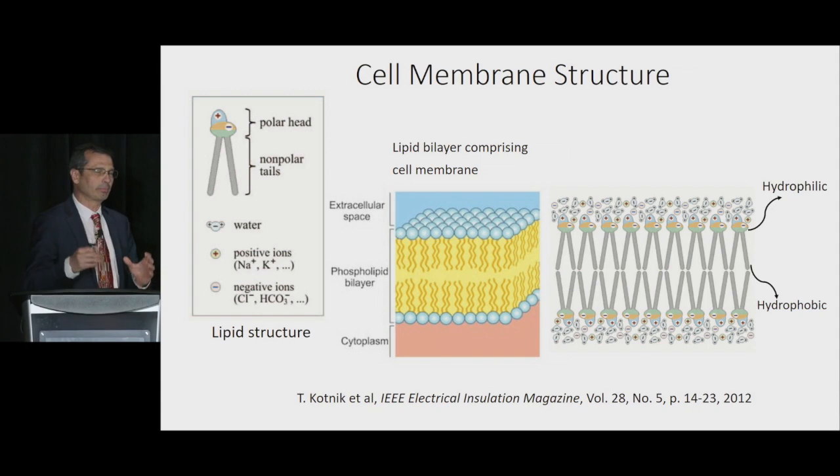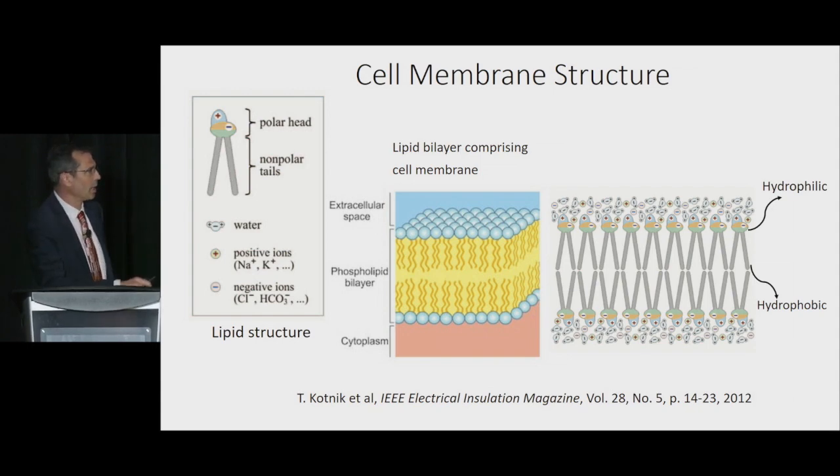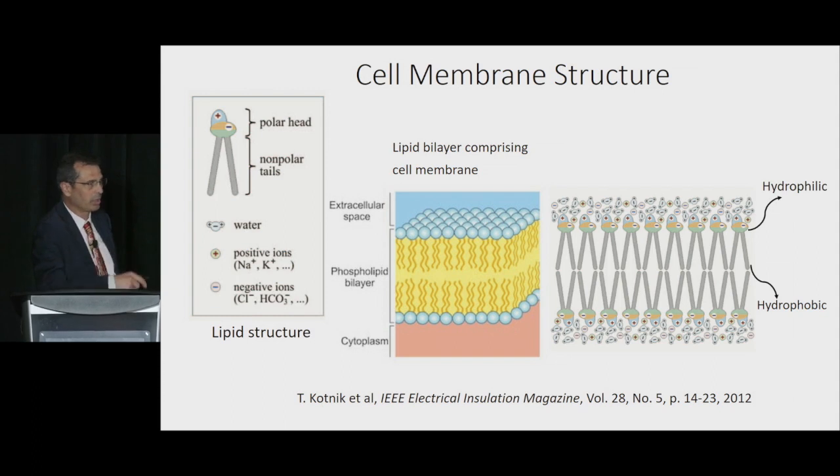It's important to keep in mind that the cells, and particularly the cardiac cells, have a membrane that is made of a bilayer lipidic structure with some hydrophilic polarized end that is facing the external milieu and also the internal aspect of the cell.